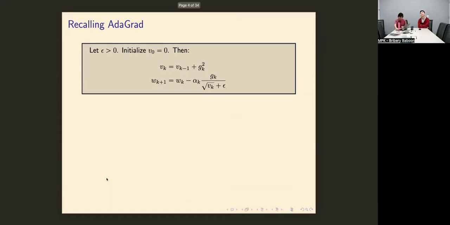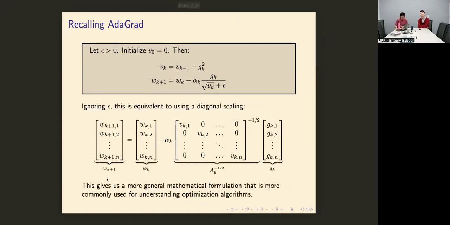But I also want to make the case that what we're doing mathematically is transforming our gradient by a diagonal scaling matrix. What I'm really doing is taking my gradient vector and multiplying it by a diagonal matrix, where you place each element of this V_k vector on the diagonal of this matrix, and you take the inverse square root of this diagonal matrix.